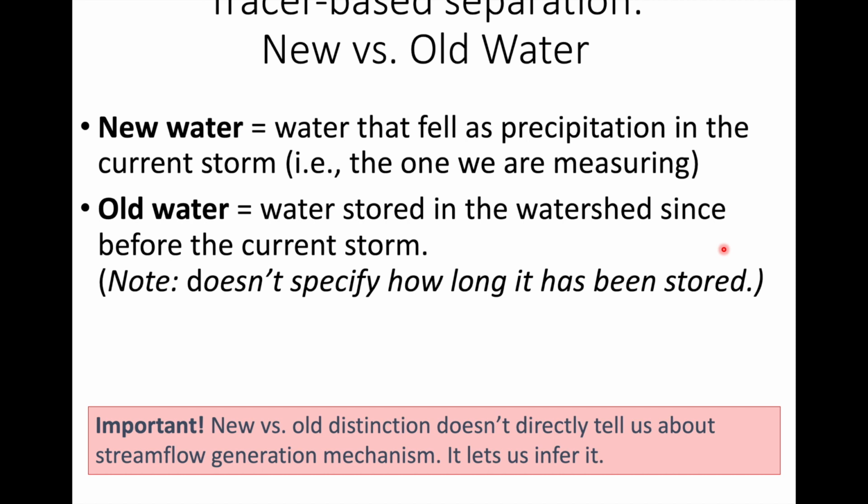If you think about, for example, infiltration excess overland flow, water that's never getting a chance to infiltrate in the soil, running off quickly to the stream, that's one way that we get new water into the stream. So if we see a hydrograph with a lot of new water in it, then we have some information that we can combine with the other things we know about the watershed to understand that maybe infiltration excess overland flow is important in that watershed during that storm.